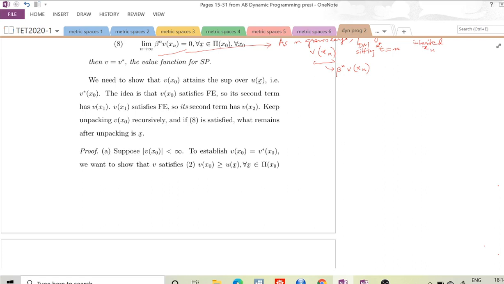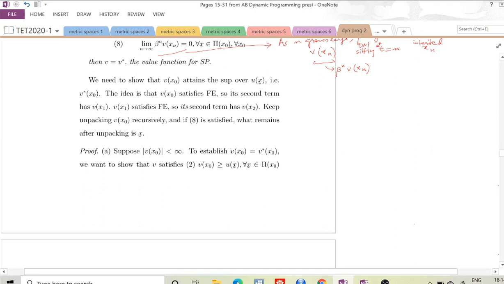It would be good if you read and follow the proof at least once from Stokey, Lucas, and Prescott. It's not something to be memorized. And V of x naught equal to negative infinity is a case that's fairly straightforward again. So we focus on the case where V of x naught is finite, okay?